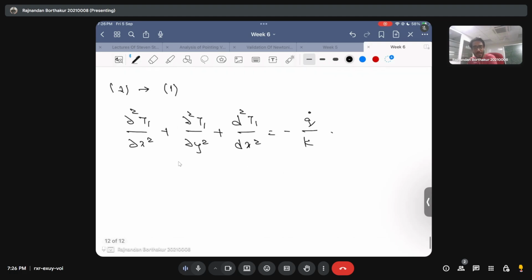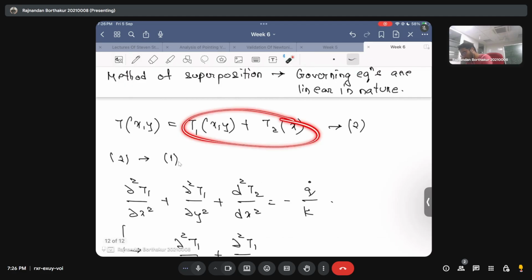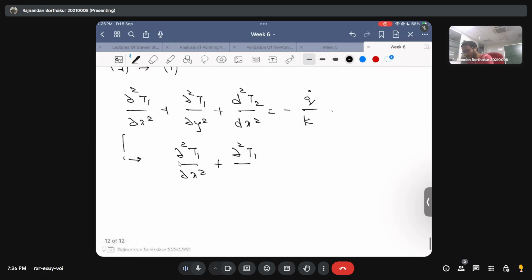Okay, and then what I can say is that my T1 will satisfy, because I have written the solution in this form, del squared T1 by del x squared plus del squared T1 by del y squared equal to 0.